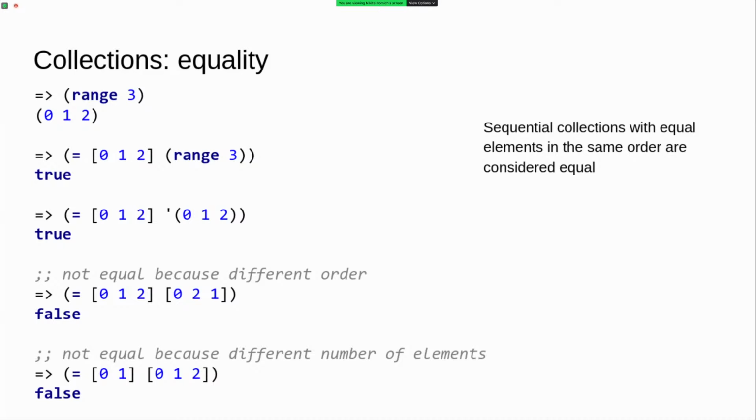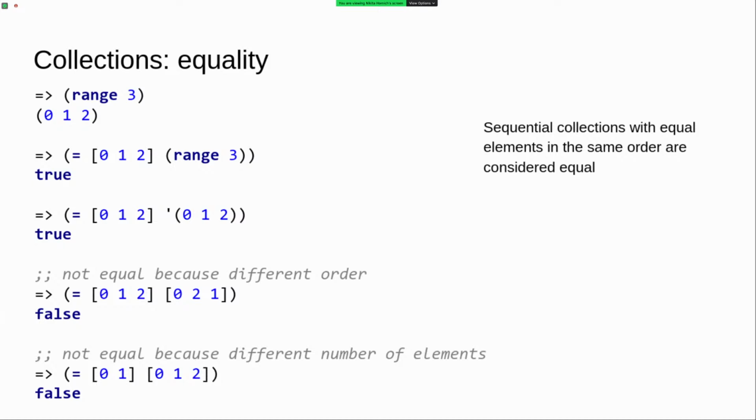So, for example, we can test collections using the equals sign, as you can see on the screen, based on their content. For example, here on the first line, we use the built-in function range that generates a sequence from 0 to the required number, in this case 3.